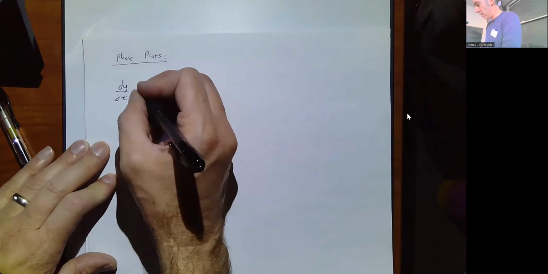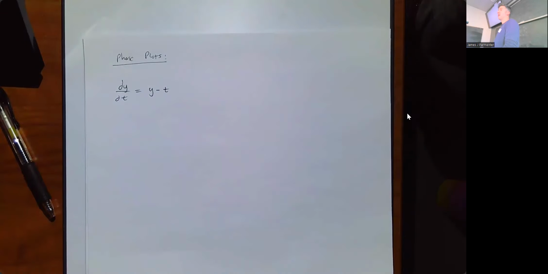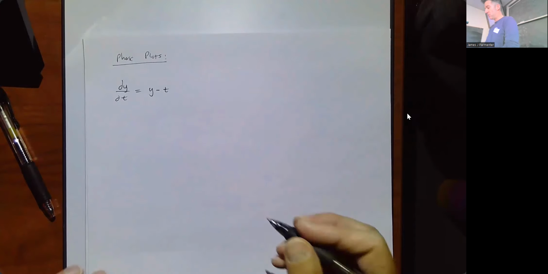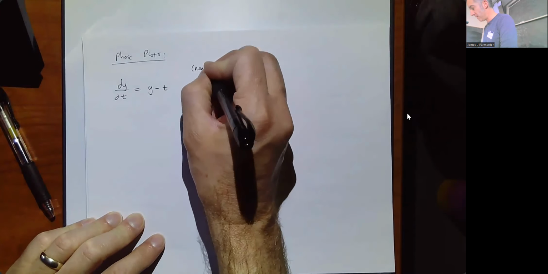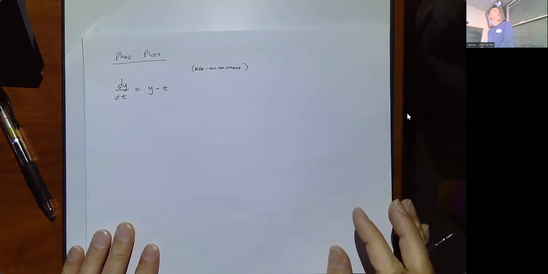Not that terrible. Let's say it's y minus t. It's non-autonomous, right? The derivative doesn't just depend on time, and it's not autonomous because it doesn't just depend on y; it depends on both. Not that you need to know that really, but you should be able to recognize that with some practice.